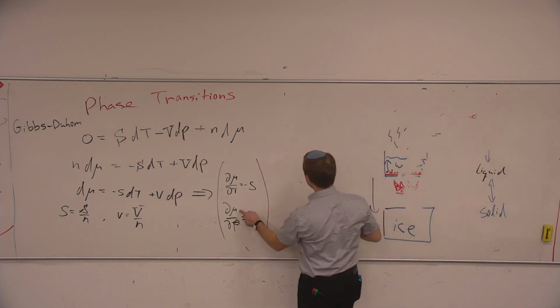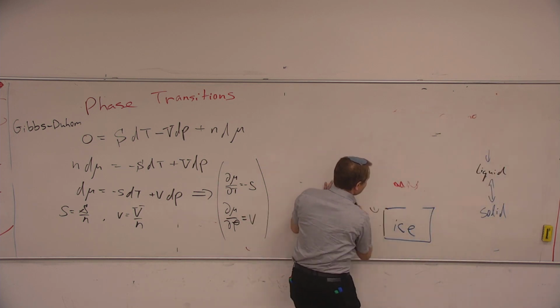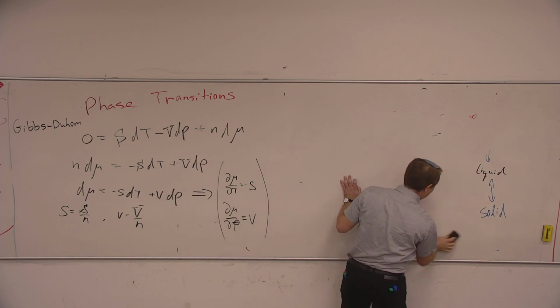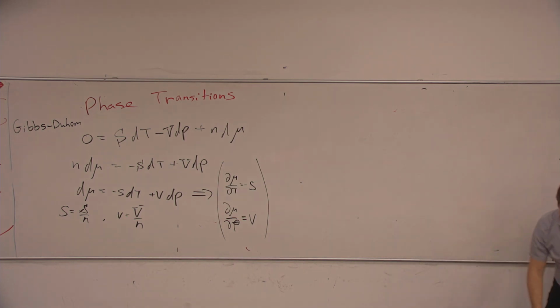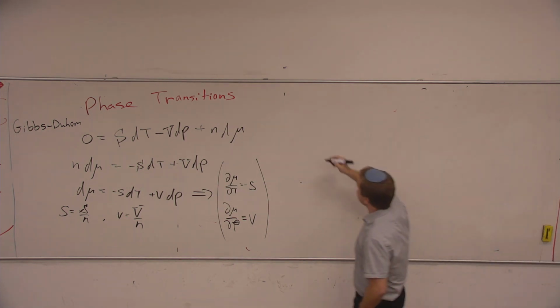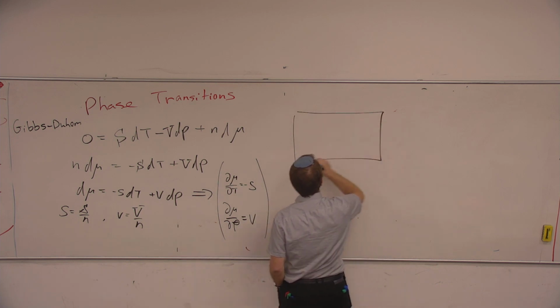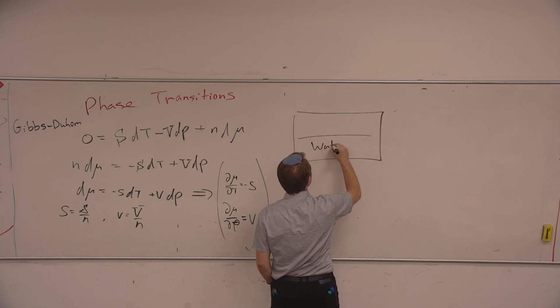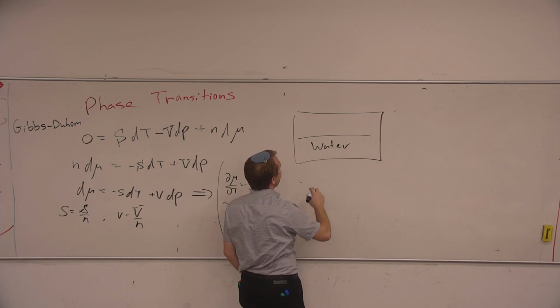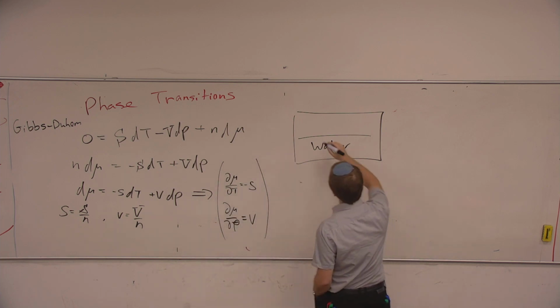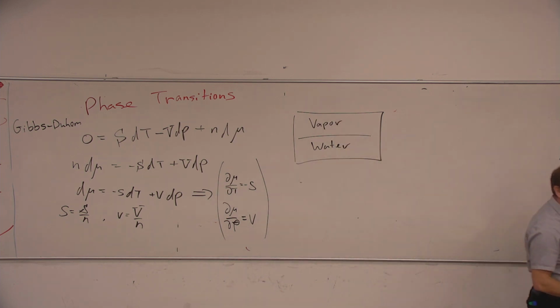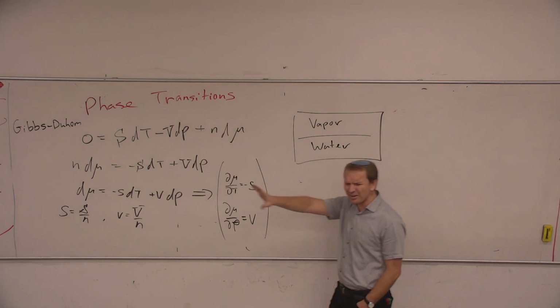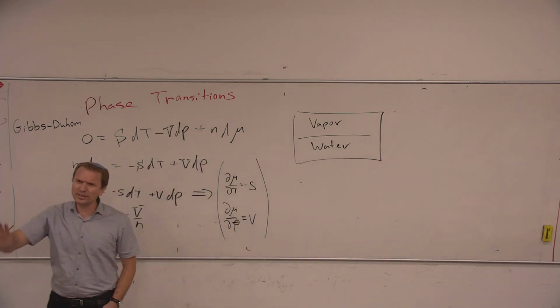Why am I using mu, my chemical potential? Remember that in equilibrium, mu has to be exactly the same. If I look at a system where here I have water and here I have vapor, and those two are in exact equilibrium, remember, I'm treating only equilibrium problems.